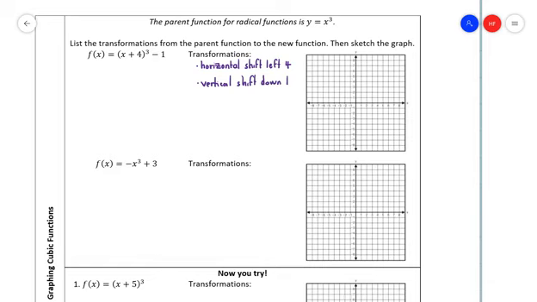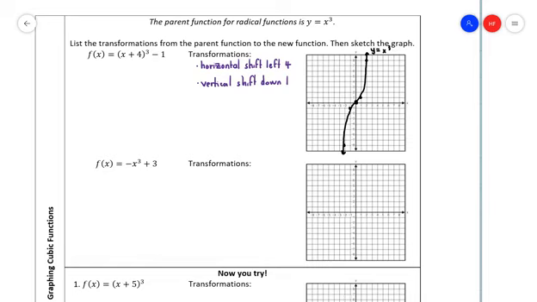So I'm going to graph my parent function. So that equals x cubed. And then I'm going to apply those transformations to it.